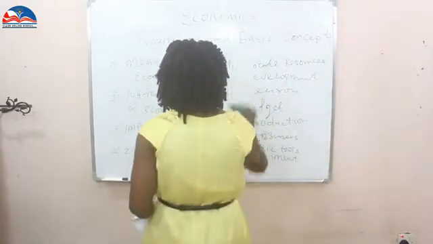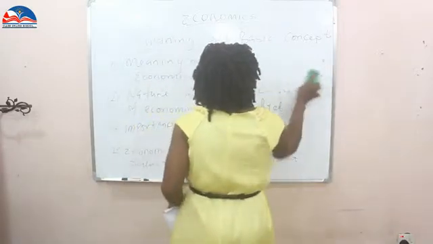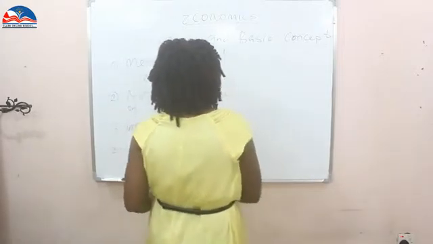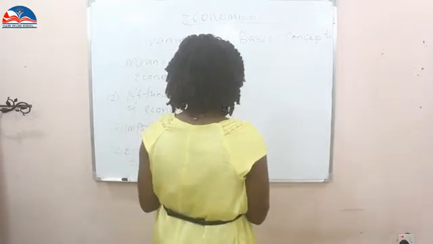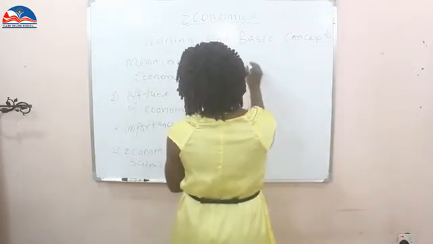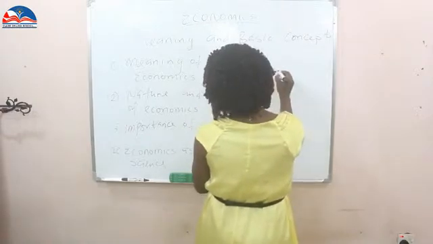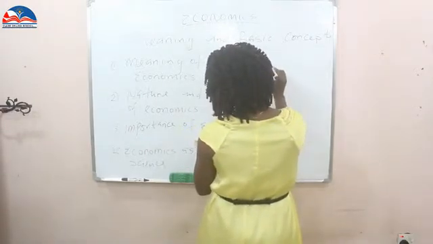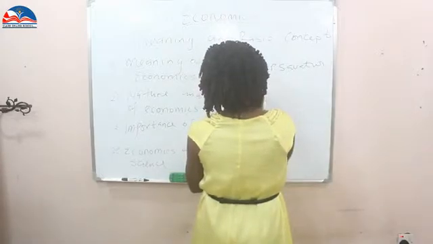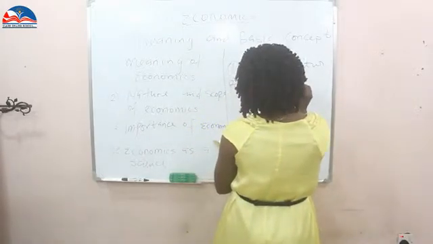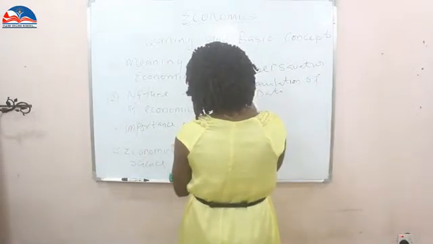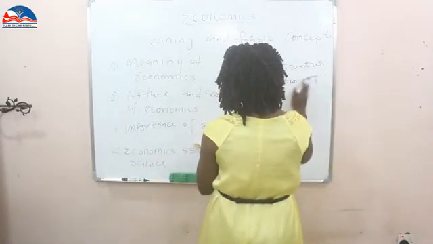I'm going to wipe this off and we use a basic science way of analyzing things to see why we say economics is a science. Now, we know that in sciences we use observation. We know that in sciences we use data. So let us itemize them here. We have 1, observation. 2, formulation of data. 3, formulating of hypothesis.